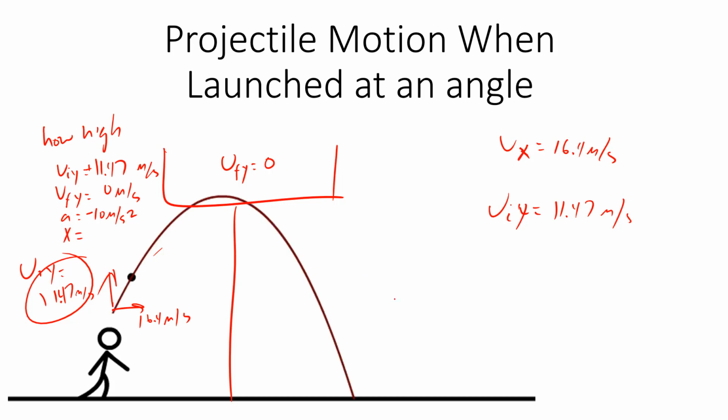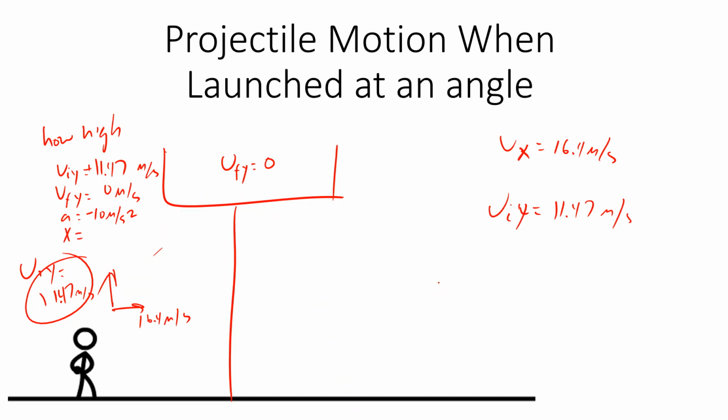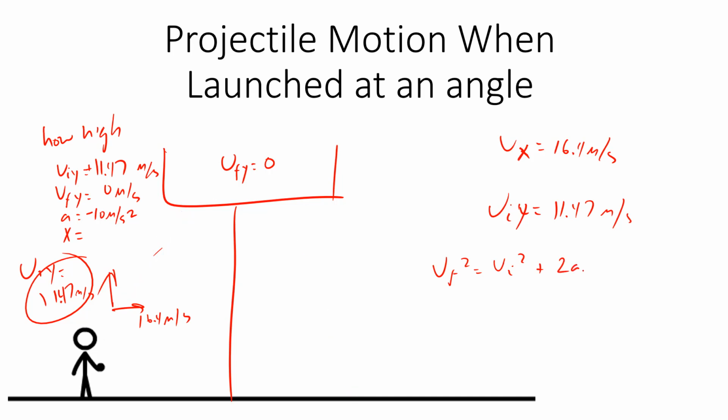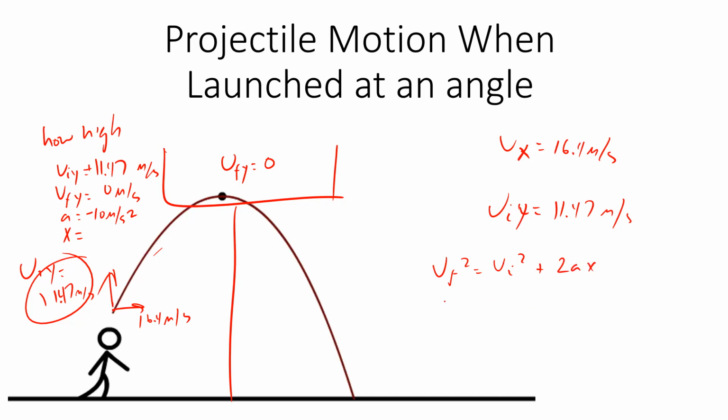The equation we would use is V_f squared equals V_i squared plus 2ax. So it would be 0 squared equals 11.47 squared plus 2 times negative 10 times x.